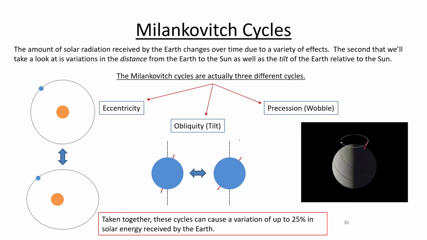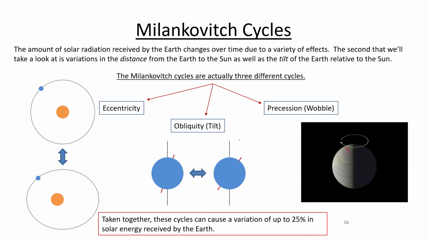Often Milankovitch cycles get trotted out as an example of, oh, well, here's this natural phenomenon that changes the solar energy hitting the Earth a whole lot, and that could be a contributing factor, and we shouldn't worry about our greenhouse gases.